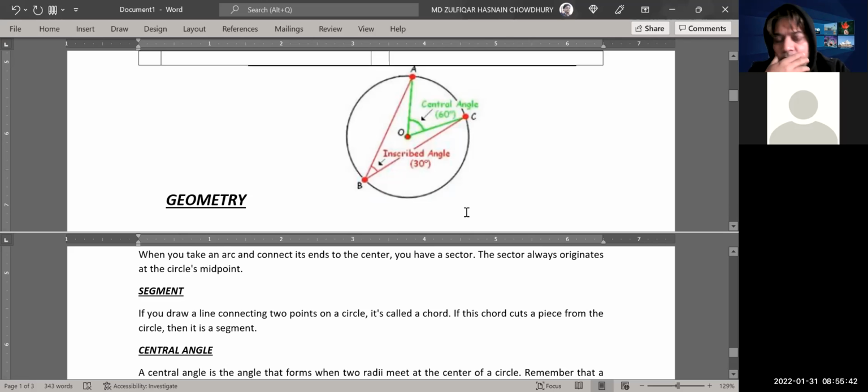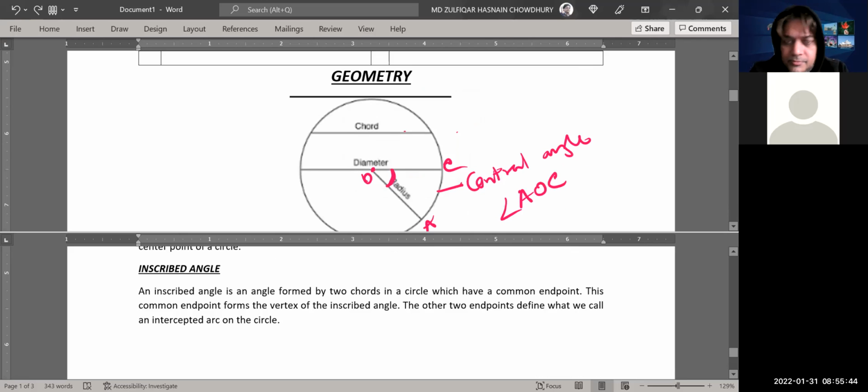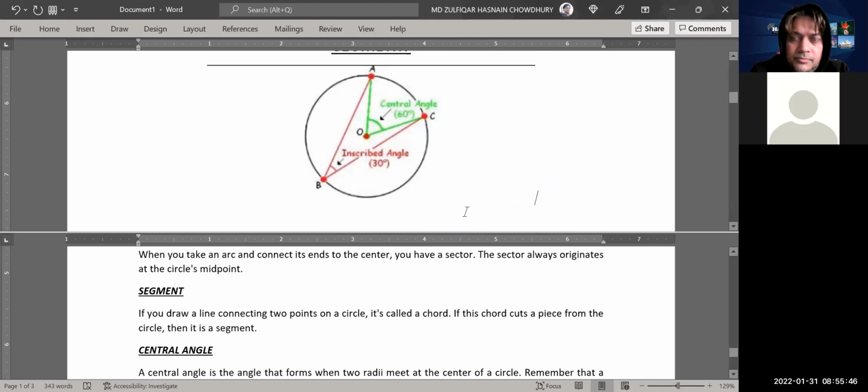Can you see the picture? The green color is, what is the name of the angle that is green color? It's a central angle. And the red one? Is the inscribed angle. This is the intercepted arc, right?